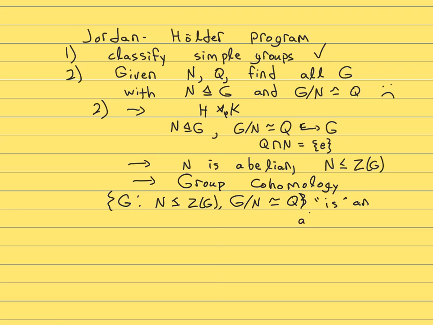There's some sort of equivalence relation you have to work out. And it's actually very, very complicated. But up to that structure, you get an abelian group, and so a finite abelian group, and so you can use the fundamental theorem of finitely generated abelian groups to classify all these elements. You can use that to classify all such groups G.